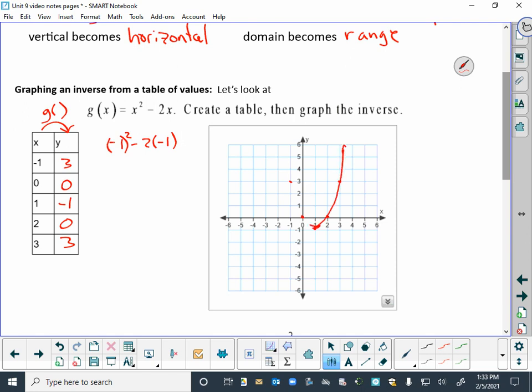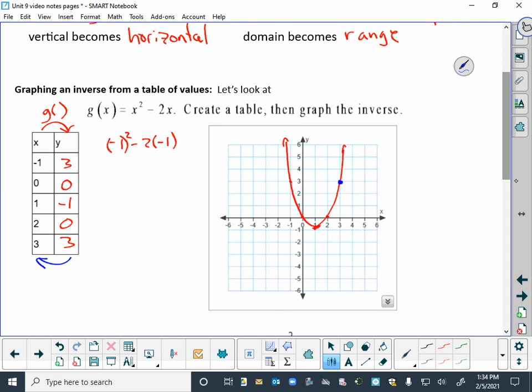I could sketch through here that this is what the graph of that looks like. The graph of the inverse switches the roles of these things. What was the output before is now going to become the input, and what was the input is going to become the output. So I'm moving in the other direction, and the point (3, 3) is on the graph of the inverse as well.